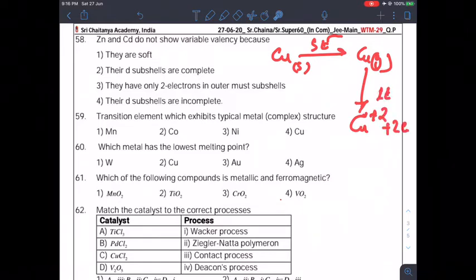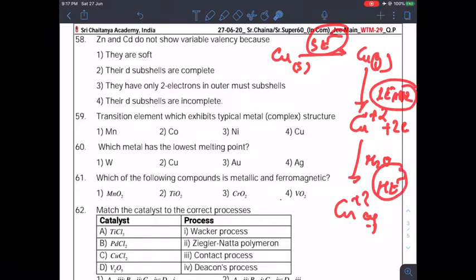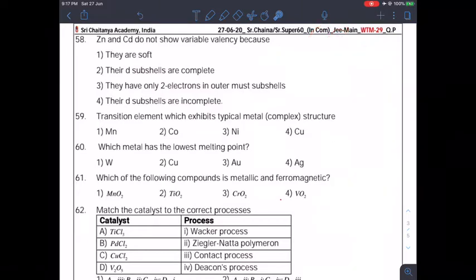So the sum of IE1 plus IE2, and because it has become copper plus 2 and now water is there, so obviously copper plus 2 aqueous, here we get hydration energy. So it is the sum of all the energy terms that decides. Electronic configuration is not the only reason, but yes, in the case of zinc and cadmium it seems to be correct.